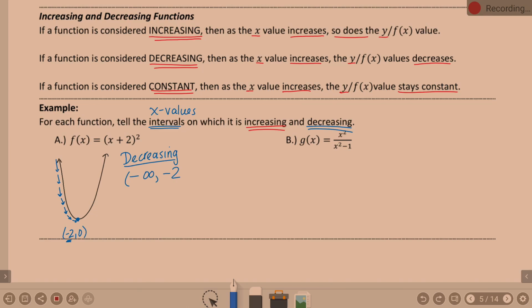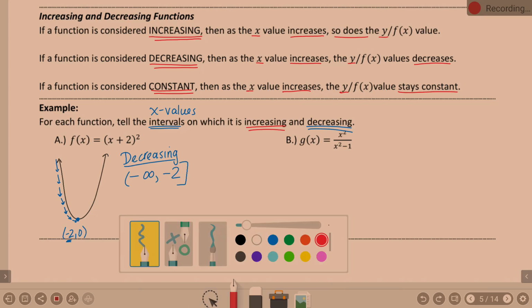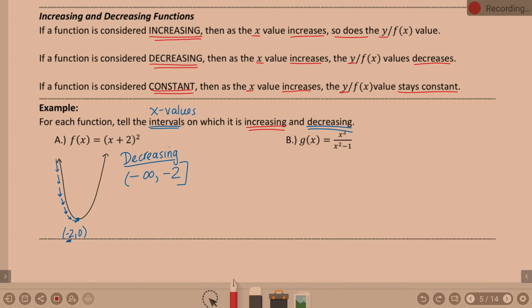You are touching negative 2. So that's why I have a bracket there. As opposed to if we run across an asymptote, we are not touching it, and that's where we're going to use our parentheses. So look at it as, are we touching negative 2? Yes, so bracket. I follow that idea too.